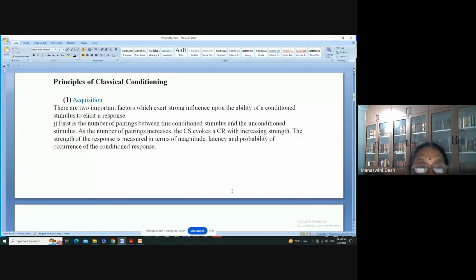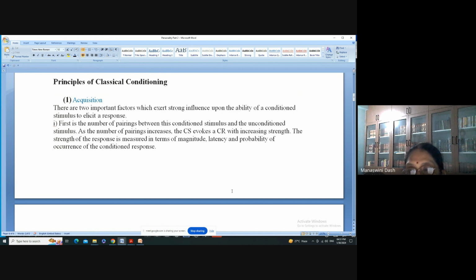one factor determining the elicitation of response by the conditioned stimulus is the number of pairings between this conditioned stimulus and the unconditioned stimulus. Unconditioned stimulus is food. So the number of pairings, the stronger the CS evoking a CR.